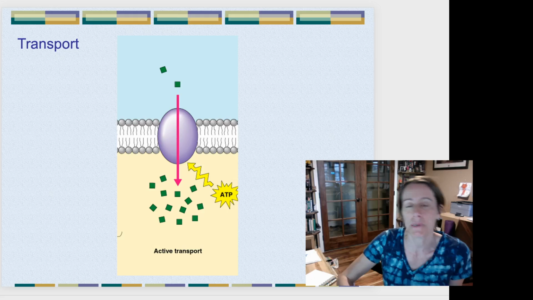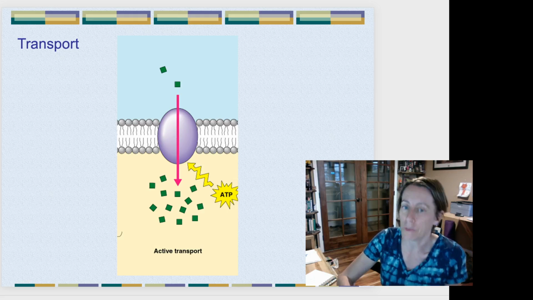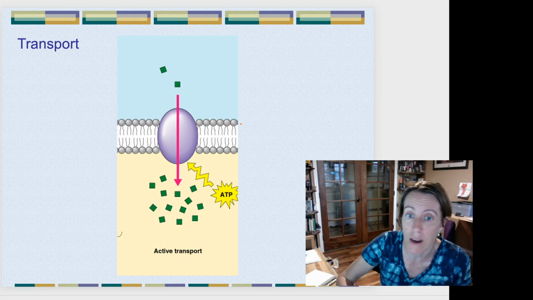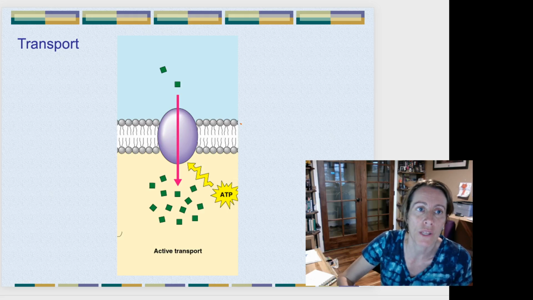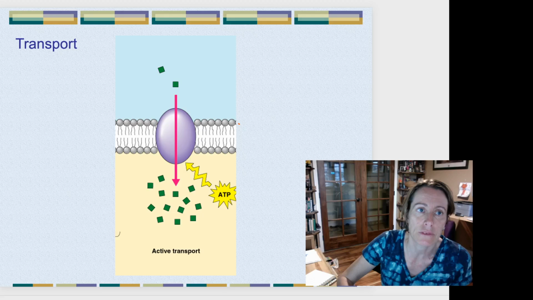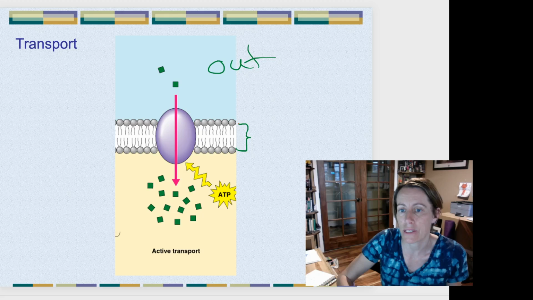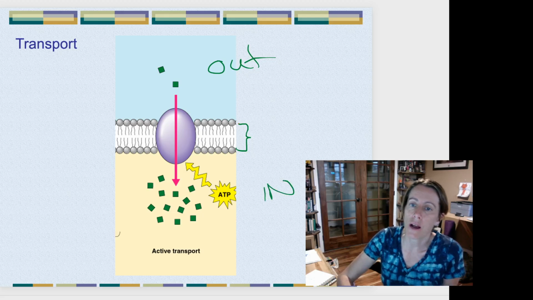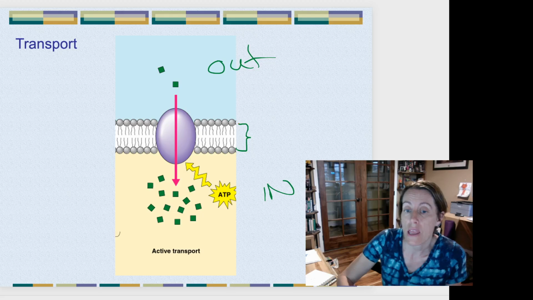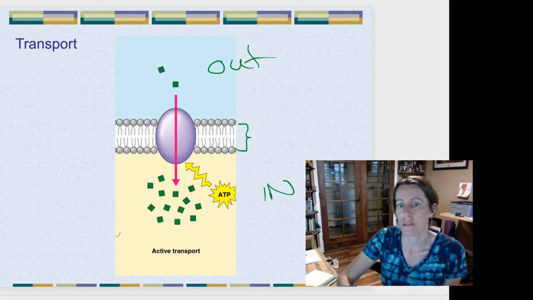All right, last but not least, here's another example. Once again, here's our phospholipid bilayer. And here's the outside, and here's the inside. And we are moving these green squares into the cell.